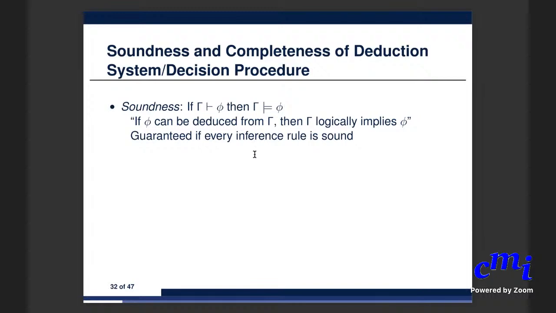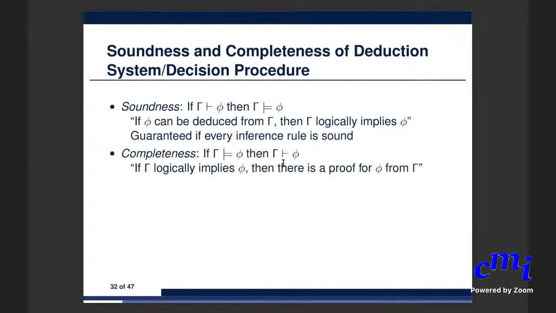And we saw that in the case of resolution, the resolution principle was sound with respect to using a model in a model theoretic way. The completeness goes the other way around.